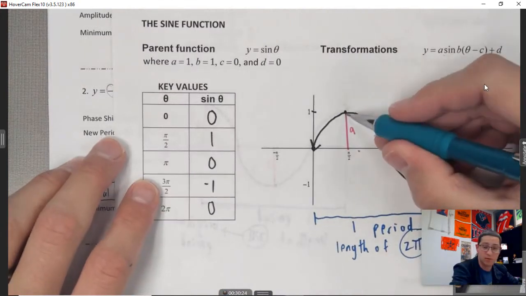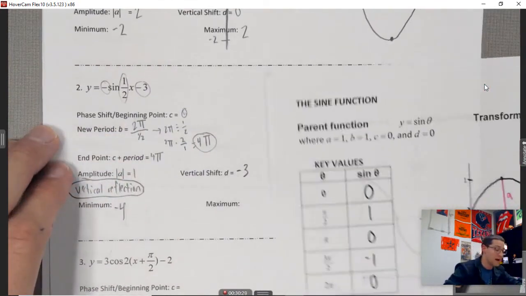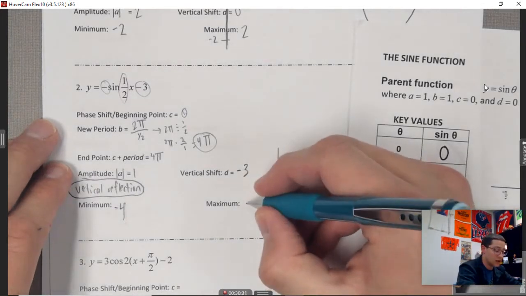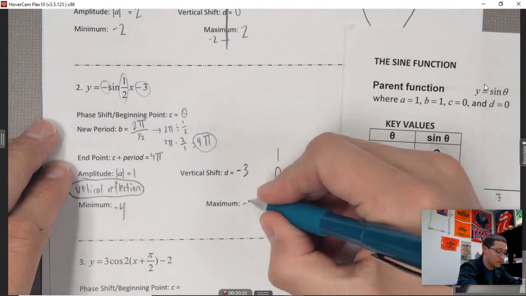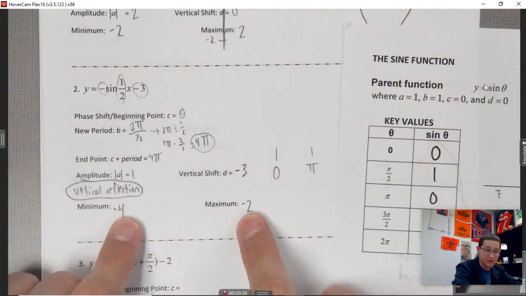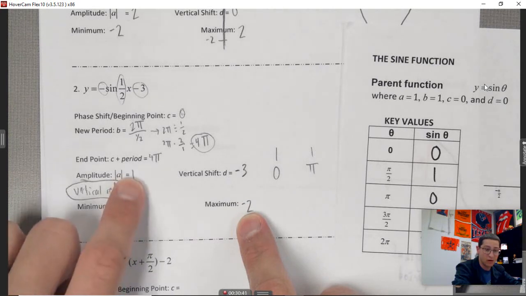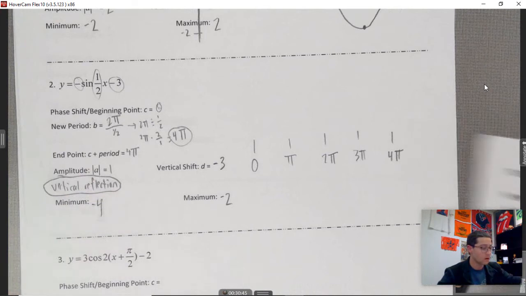The maximum was 1, and then we're shifting that down by 3. It was 1 minus 3, so negative 2. It's still going to be 2 apart, which makes sense because your amplitude is 1, and the distance between your minimum and maximum should be double that. So we have all the pieces.